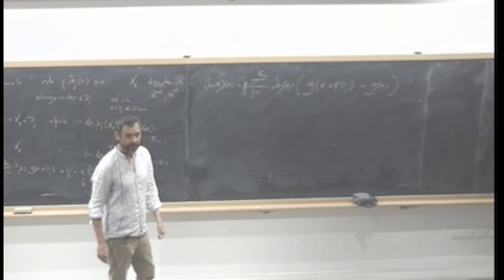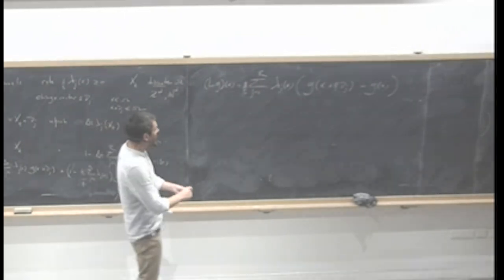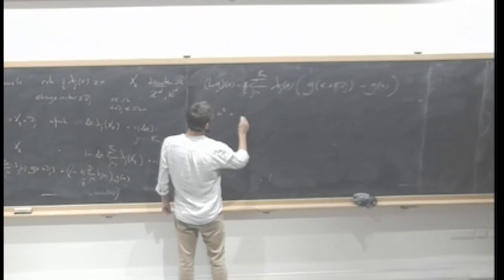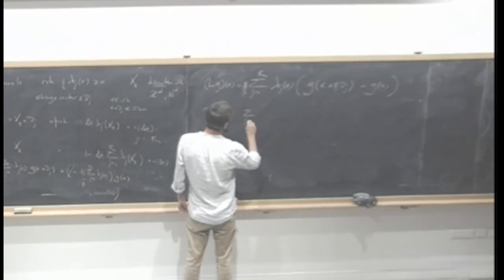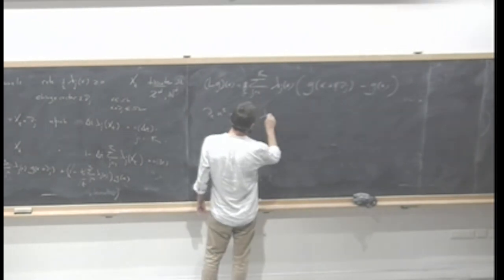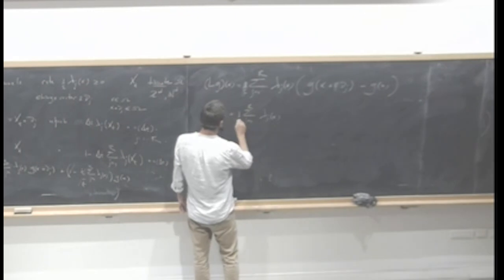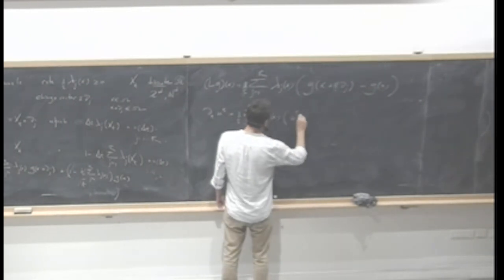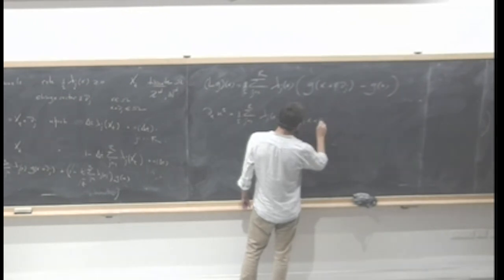Okay, this is the backward Kolmogorov equation for this variable that depends on epsilon, and let me write it.